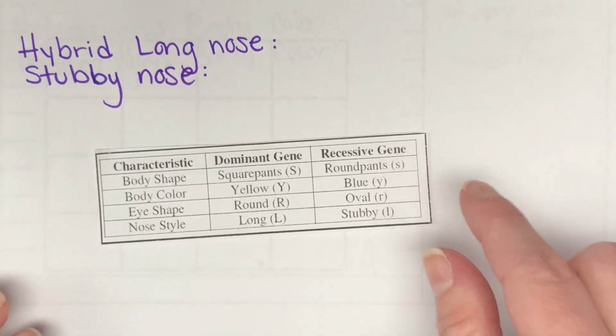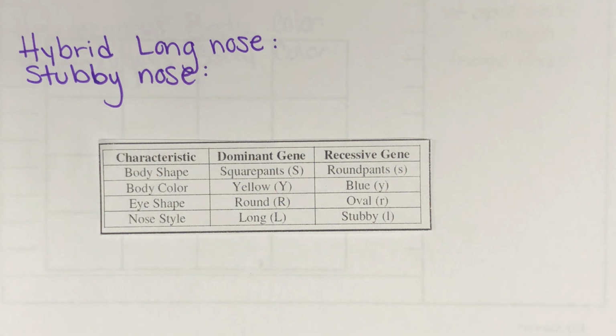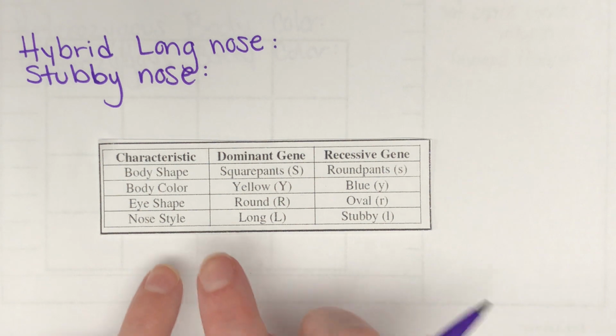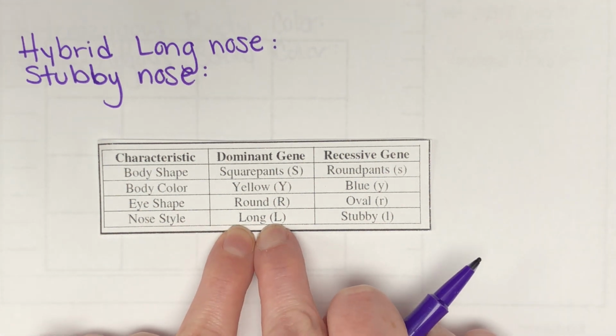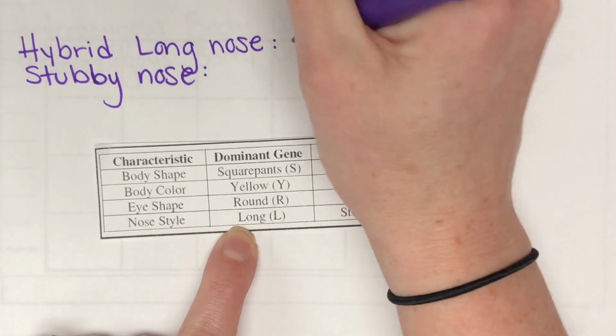Okay, so again, pause the video. Okay, so hybrid. Remember, hybrid is the same as heterozygous. Heterozygous means different. So it's going to be a big L and a little l.